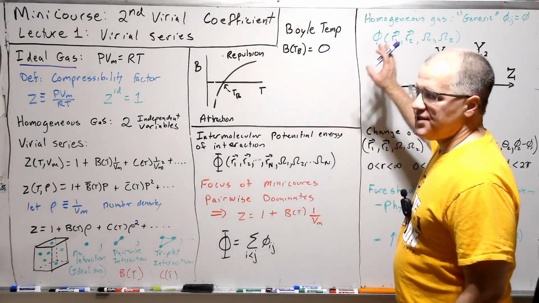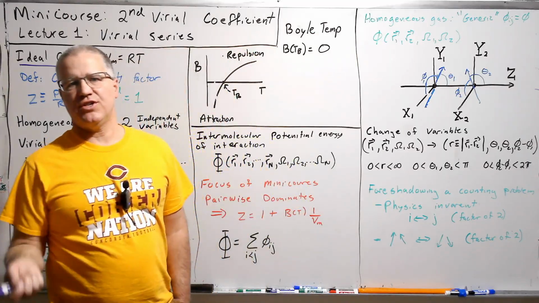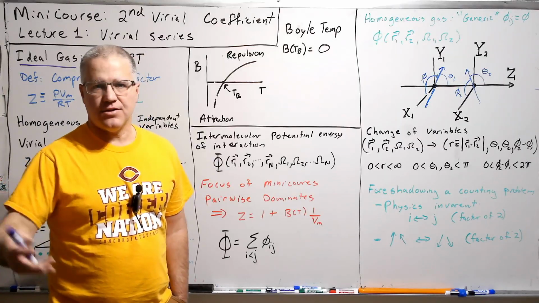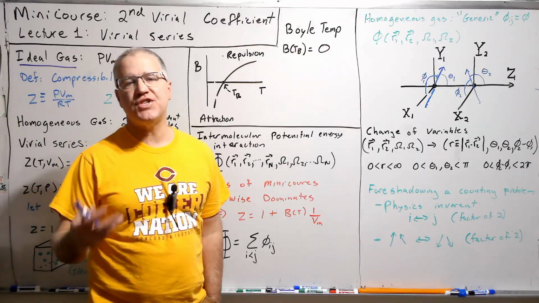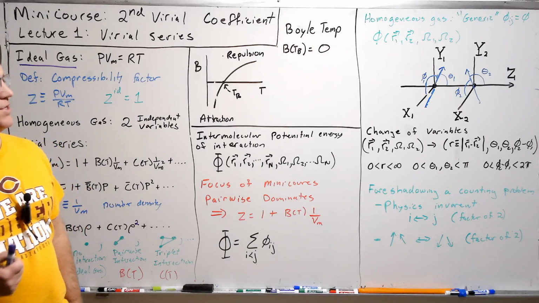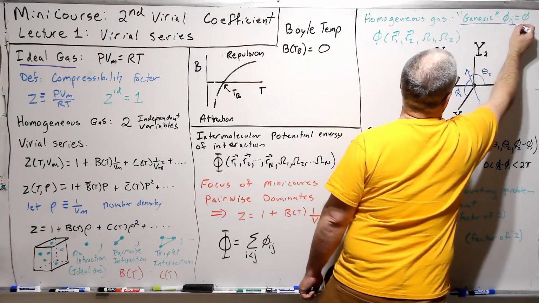However, since this is a homogeneous gas, we choose one molecule, we choose another molecule, they're all the same, right? They're representative. One generic molecule is representative of the whole system. So we think of the so-called generic pair.